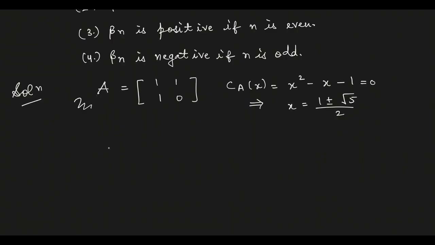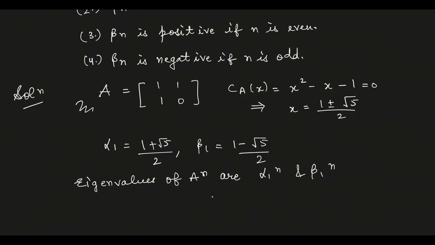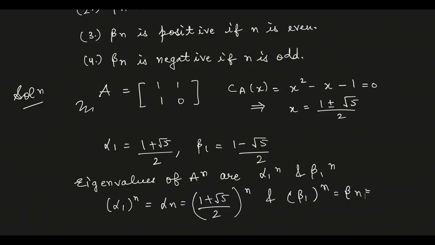If I take eigenvalue alpha 1 as (1 plus root 5)/2 and alpha 2 as (1 minus root 5)/2, so eigenvalues of A to the power n will be alpha 1 to the power n and beta 1 to the power n, that is ((1 minus root 5)/2) to the power n.